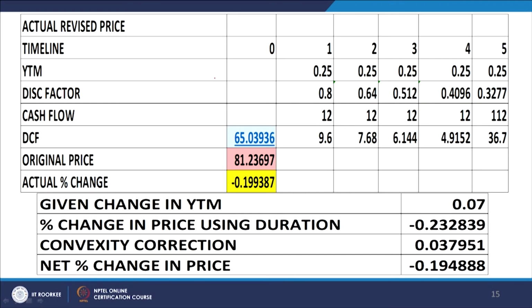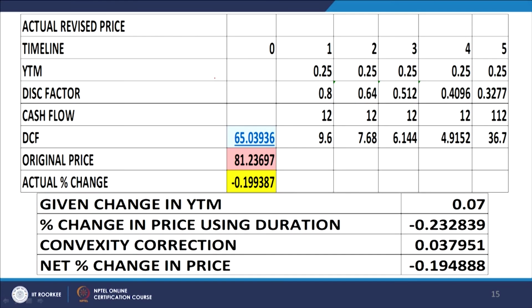So the percentage change in price using these two explicit calculations turns out to be minus 19.93%, which is the correct change in price. However, the approximation using duration alone is minus 23.28%, and if we do the convexity correction, we come very close to the actual change in price, which is minus 19.49%.